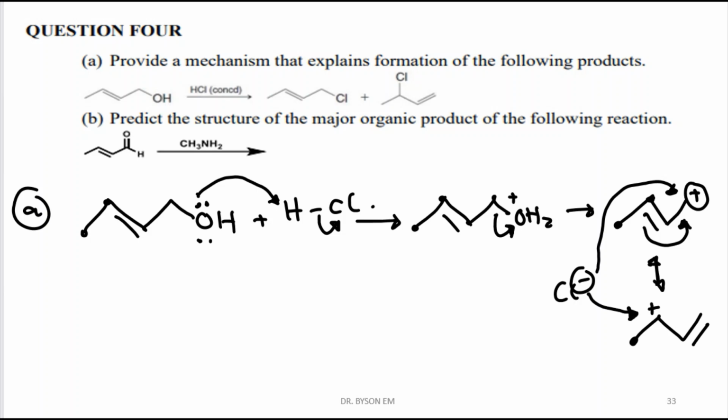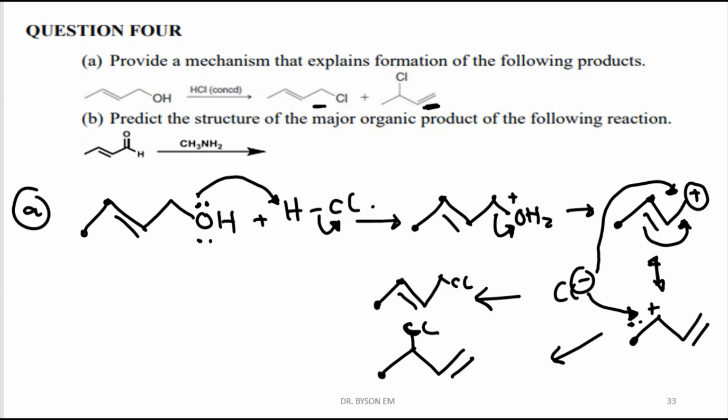When it reacts here, the product will be this. When it reacts here, the product will be this. So that is how these two products are formed, because of resonance. Okay, let's look at B.